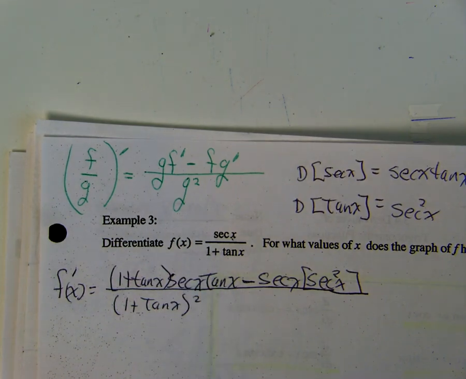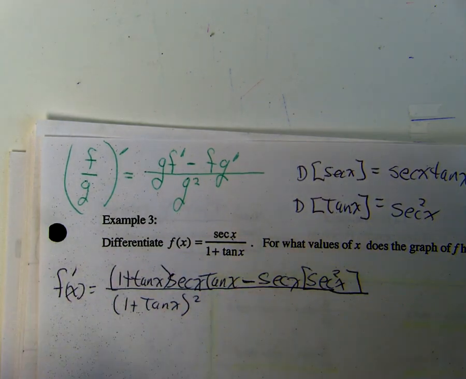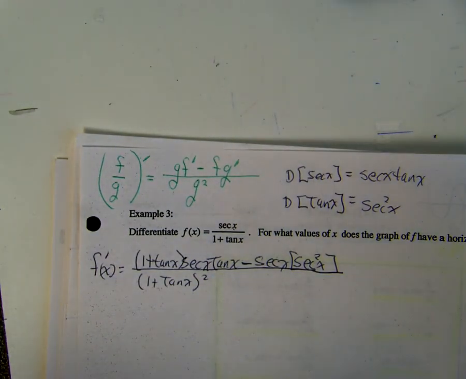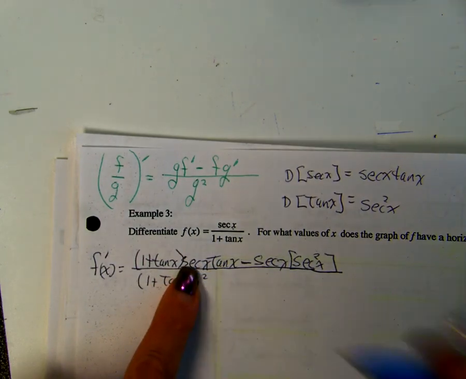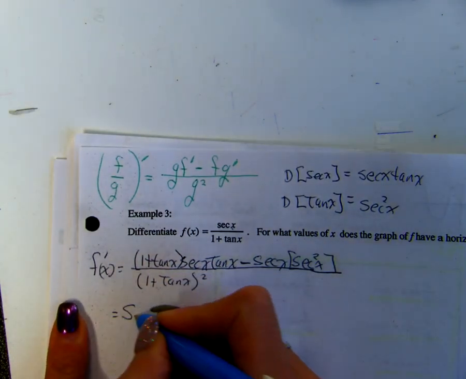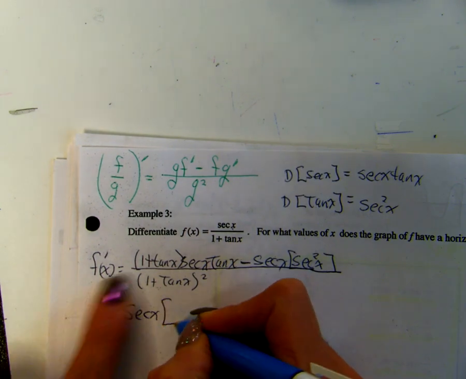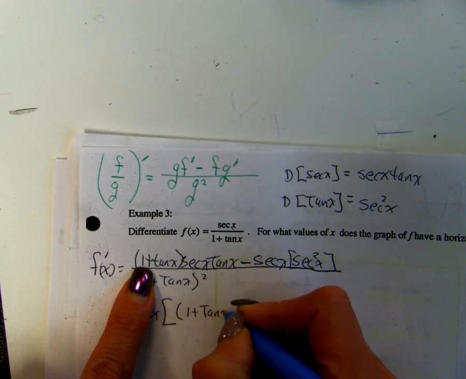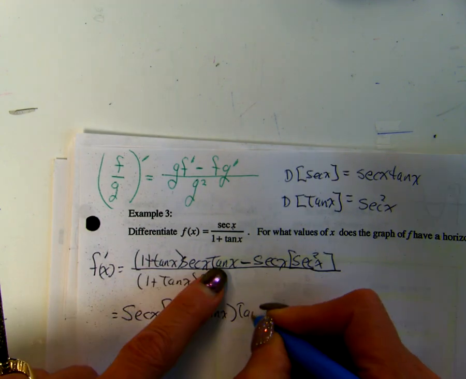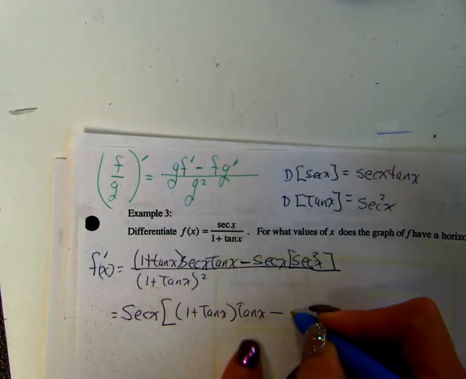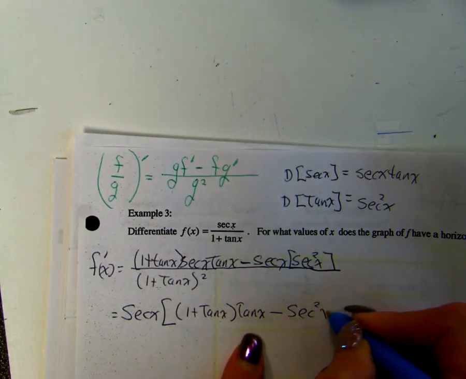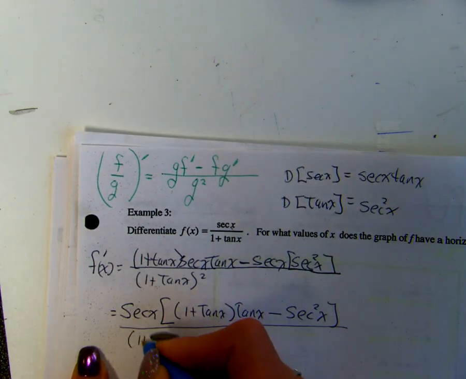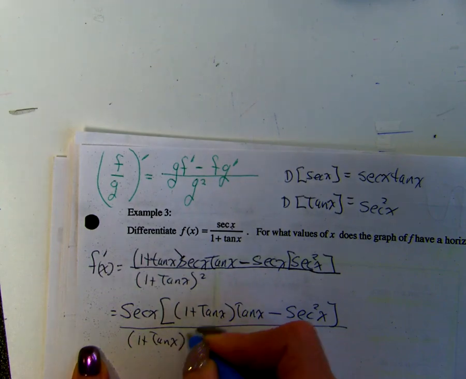Okay, so that's a really awkward answer, so let's simplify. Do you see that you've got a GCF on the top? Secant. So let's pull out the secant. We've got secant x, and it will end up being 1 plus tan x times tan x minus, we pulled out the secant, we're left with a secant squared, all over 1 plus tan x all squared.